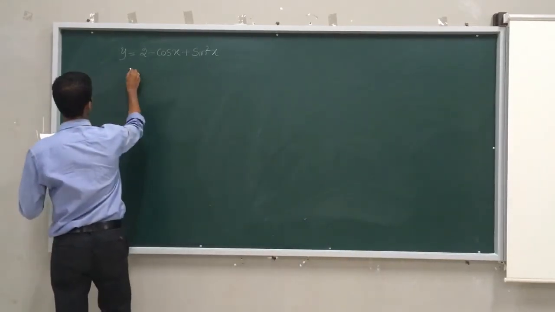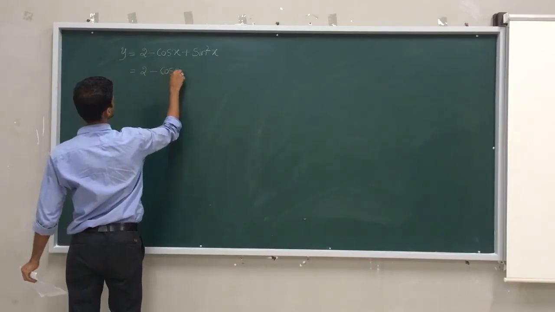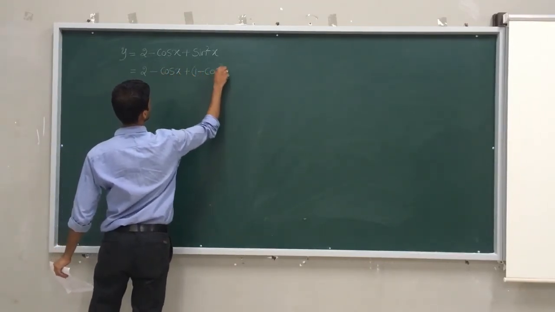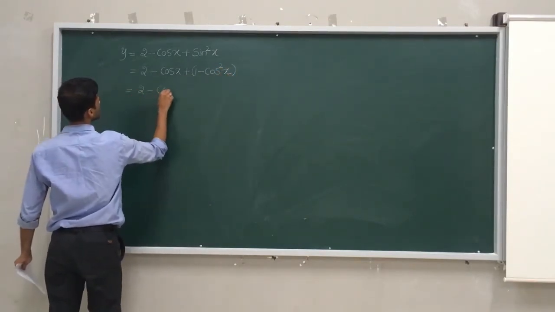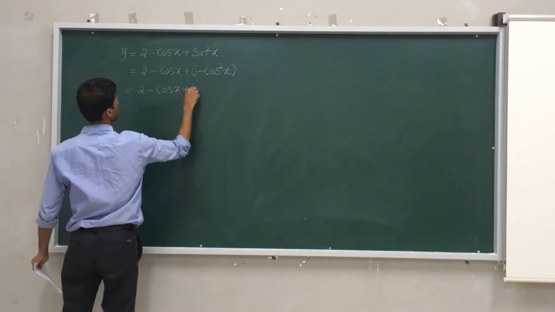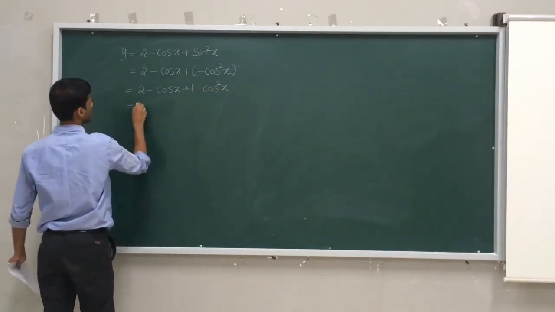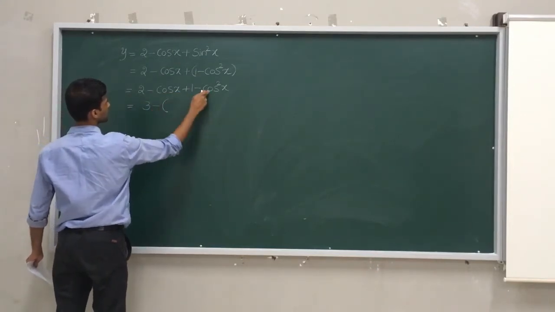So what we'll do here is, we'll write sin square x as 1 minus cos square x. So it is 2 minus cos x plus 1 minus cos square x, right? We all know 2 plus 1 is 3. It is 3 minus cos x minus cos square x.